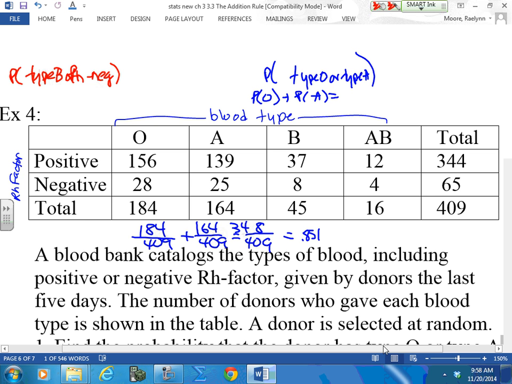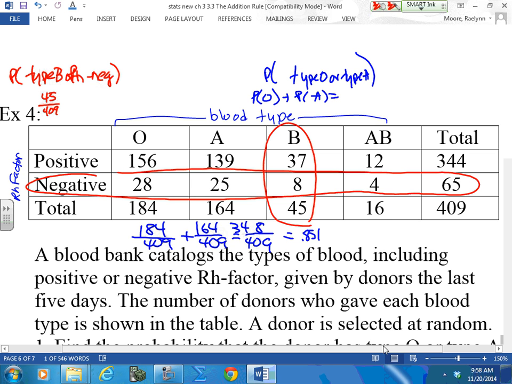No. So watch. Type B is what? 45 over 409. Rh negative. Here's your Rh negative. The chart is really, really nice for this. What's the total for your Rh negative?